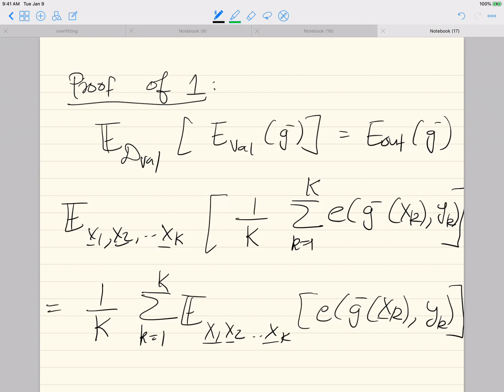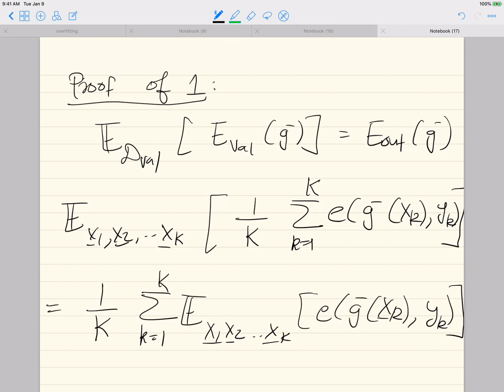So this quantity only depends on x_k and y_k, right? One variable. Here we are taking the expectation with respect to x1, x2 up to xK. But the only variable that matters is x little k. So if we take k equals 1 here, then you have e(g minus of x1 and y1).